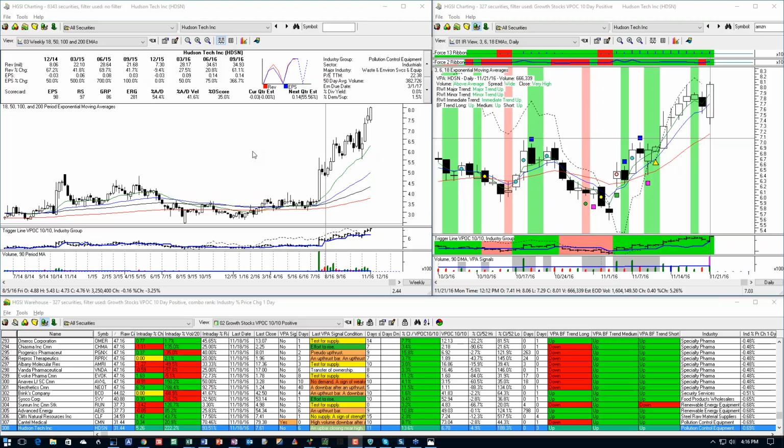The ERG method, it's great for confirmation. We want to know what the group's doing, what the relative strength is, but some of the highest relative strength stocks have a really bad EPS, so you have to be careful about that. But in this instance, everything was great.